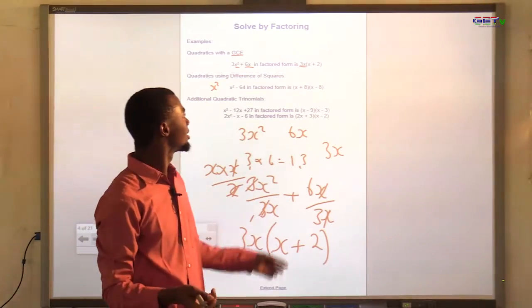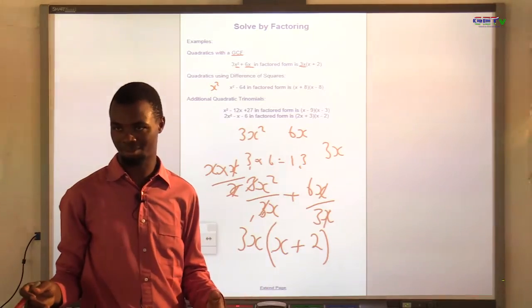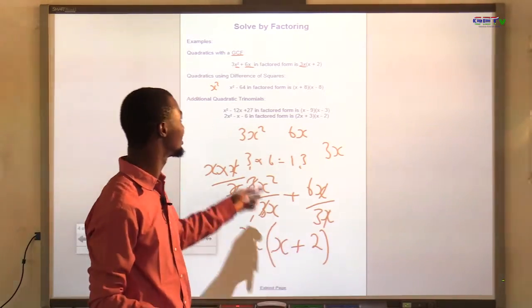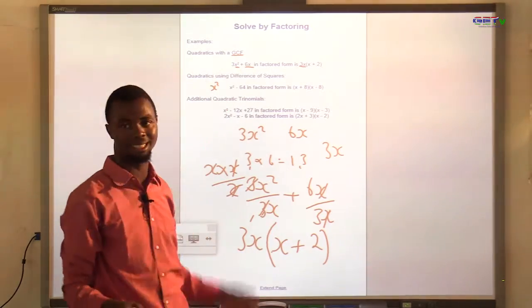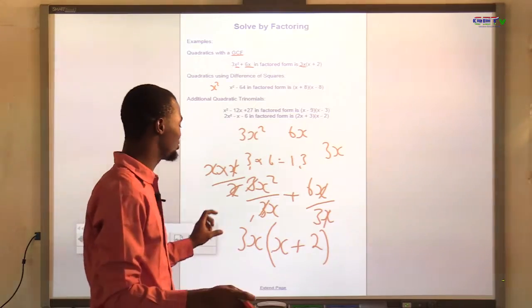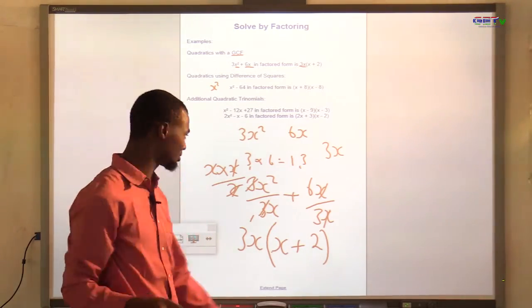Now, if you look at this, to prove your answer very well, you always need to expand this. If you expand this, if it will give you the correction the way it is, then you know that you have factored it properly. But if you expand and it gives you a different thing, then your work is wrong. So you have to try it again.